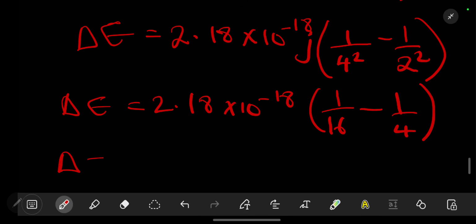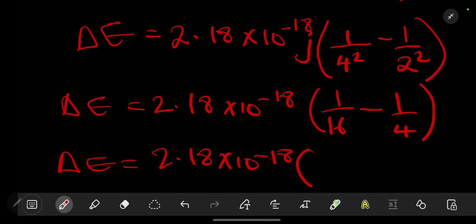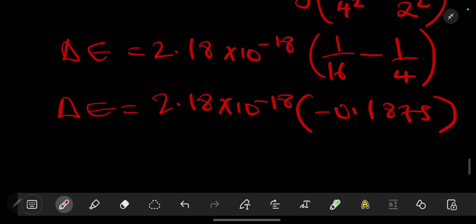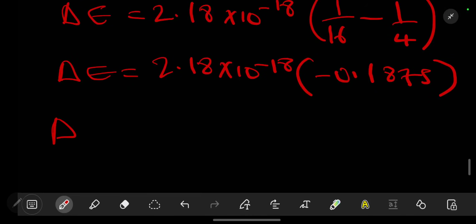So we have 2.18 times 10 to the power negative 18 times 1 divided by 16, minus 1 divided by 4. This will give us a value of negative 0.1875.